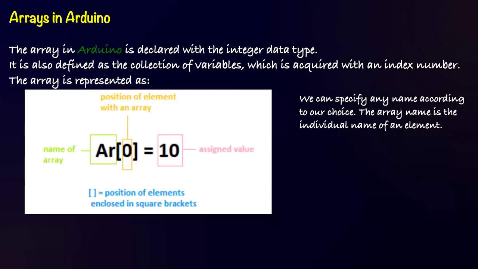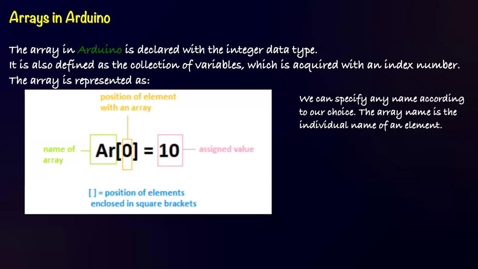If you see this image over here, this is the name of the array we have given as AR. Then the position of the element within the array. That means AR[0] will represent the first element of the array. Understood? And then comes the assigned value. Now we can specify any name according to our choice.